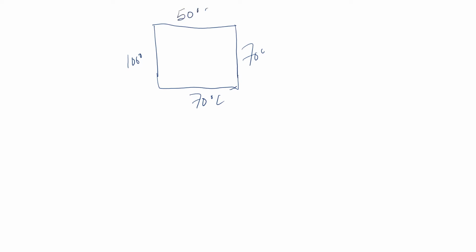So as discussed, this is a square plate. This is 100 degrees centigrade, this is 70, this is 70, and the upside is 50 degrees centigrade. We want to know the internal temperature, and if I assume that this is the origin point, then this side is your x and this side is your y.